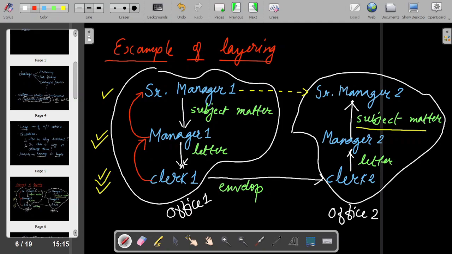I am hopeful that you are able to understand this. Senior manager is assigning work to manager 1, and manager 1 is doing the assigned work. So we can say manager 1 provides services to senior manager 1. Let us call this service. Clerk provides service to manager 1.